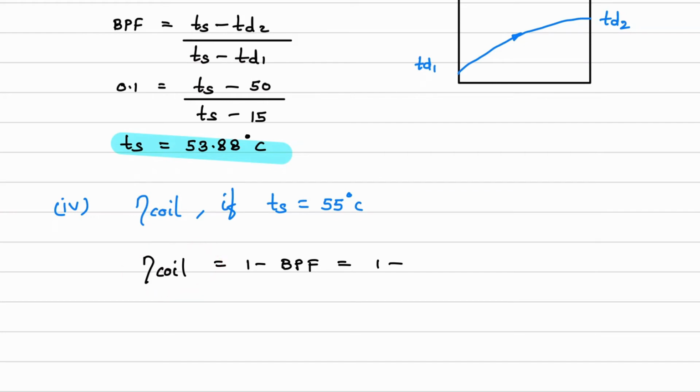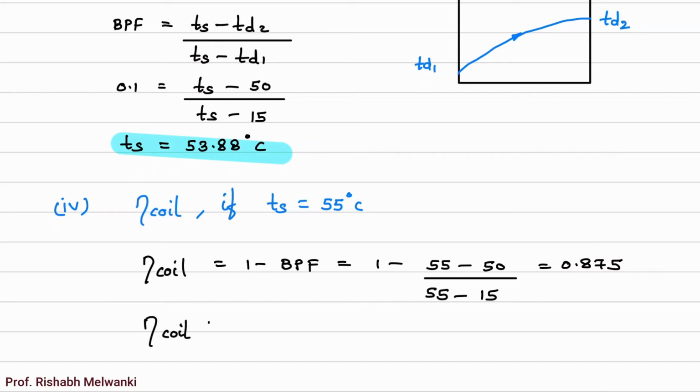So I'll write down the values: 55 minus TD2, which is 50, divided by the surface temperature 55 minus the inlet dry bulb temperature, which is 15. From here you get 0.875, multiplied by 100, so the efficiency of the coil is 87.5%.